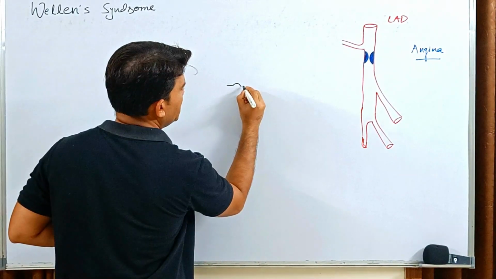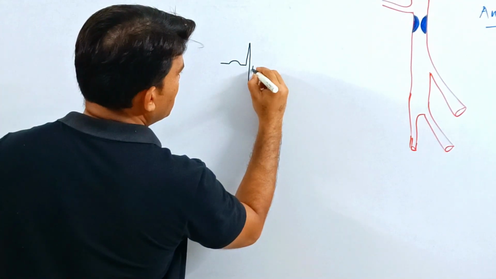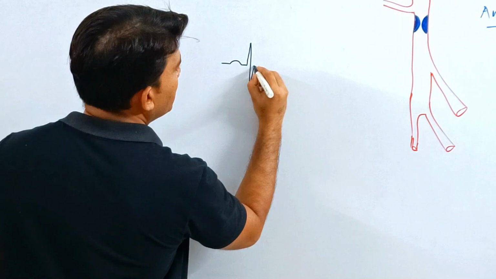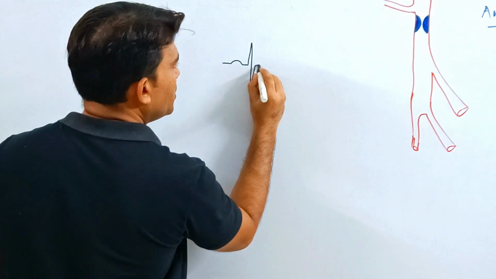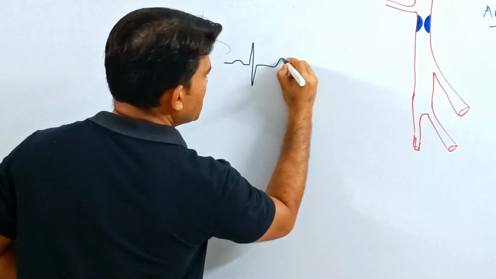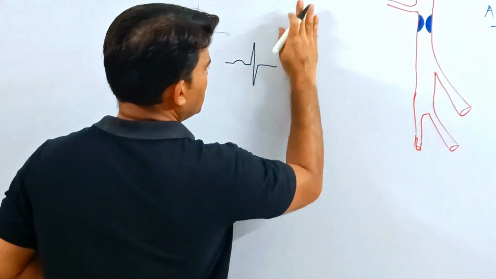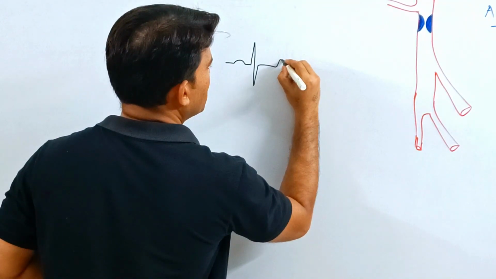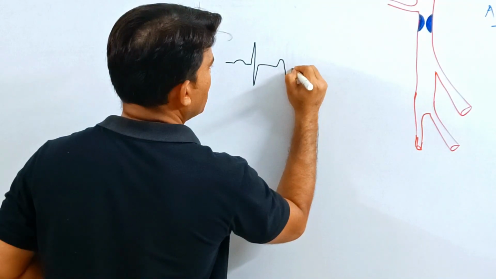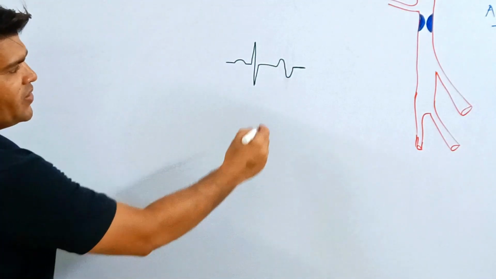See, this is the T wave, this is the QRS complex, this is the ST segment, and this is significant. This is a biphasic T wave.